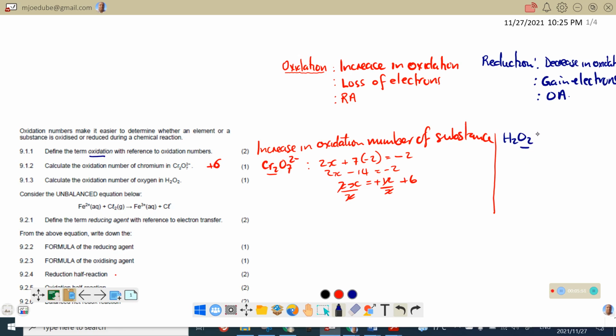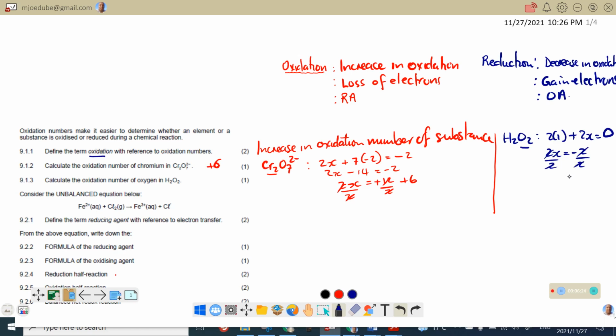I want the oxygen, but now I've got two hydrogens and each one is carrying a charge of plus 1, plus 2 of oxygen that I don't know, and the net charge of that is equal to 0. So from there I solve for x. I'll transpose the 2 to the other side, it becomes negative 2. So 2x is equal to minus 2. Divide both sides by 2.